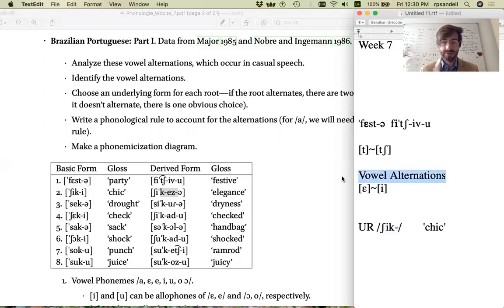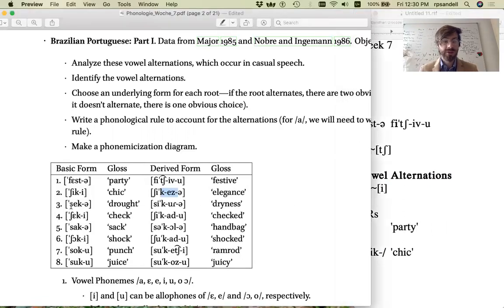Okay, let's keep going, and I'll make a list of our underlying representations here as well, namely what we think the underlying representations should be. We don't know yet what the underlying representation of the stem for the word party should be. Let's look at number 3.